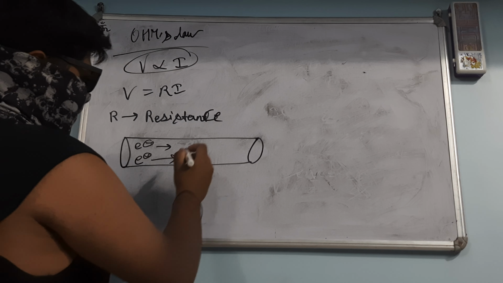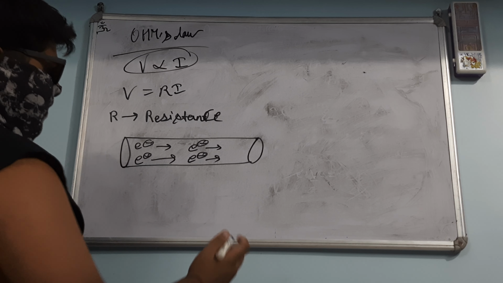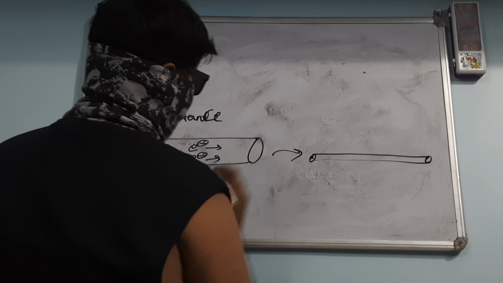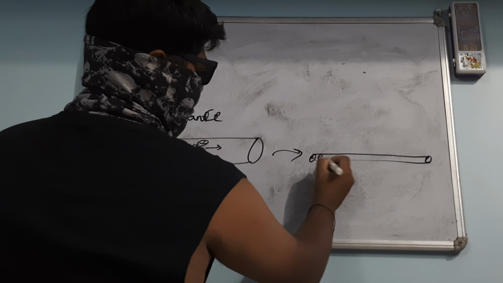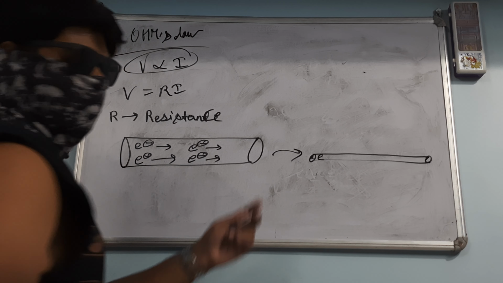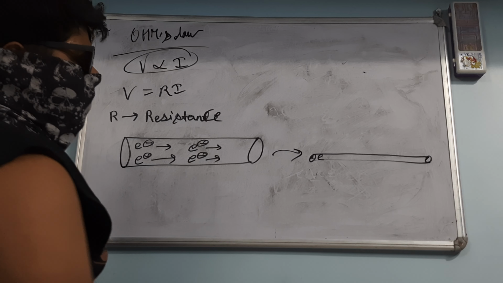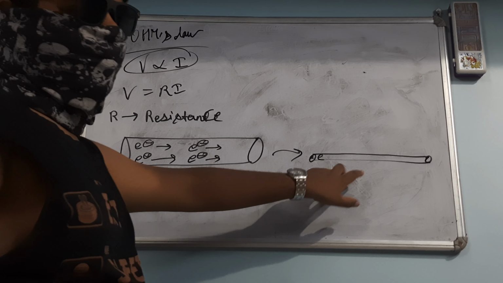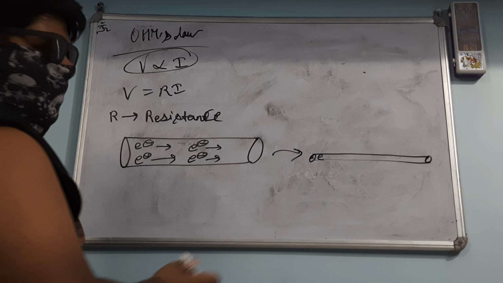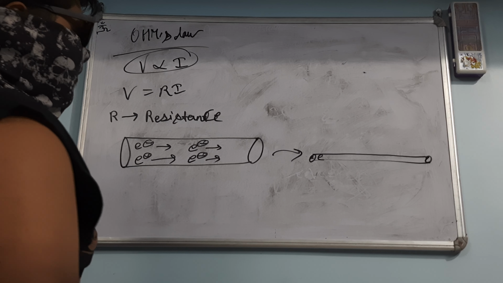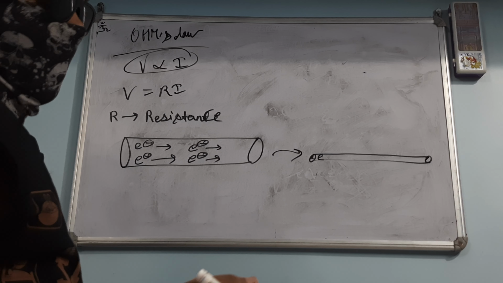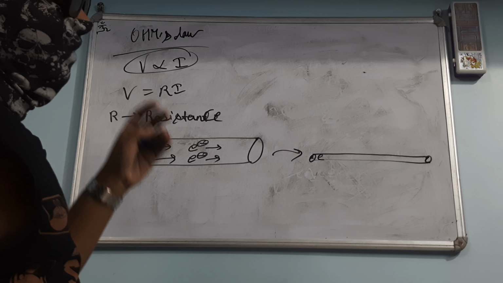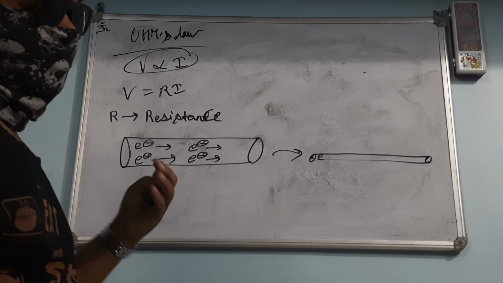As the length of this conductor is increased, it is made more narrow. So the amount of electrons is the same, but they have less area to go. So the resistance will increase because of more collisions by the electrons, and due to which less flow of charge will be there. So the resistance will be more.